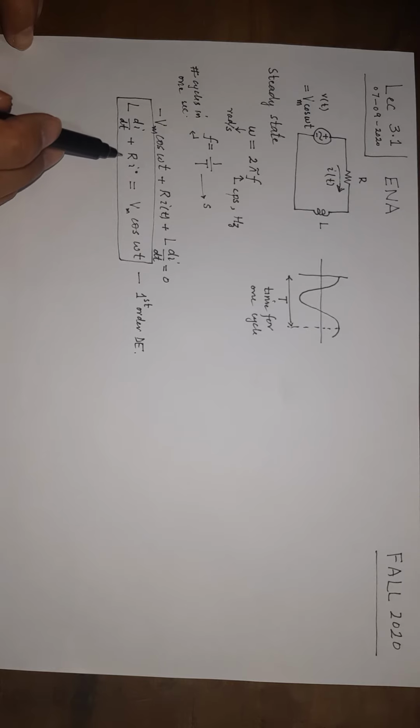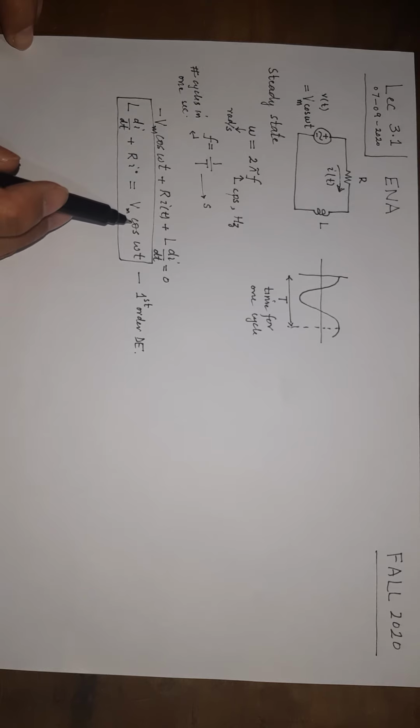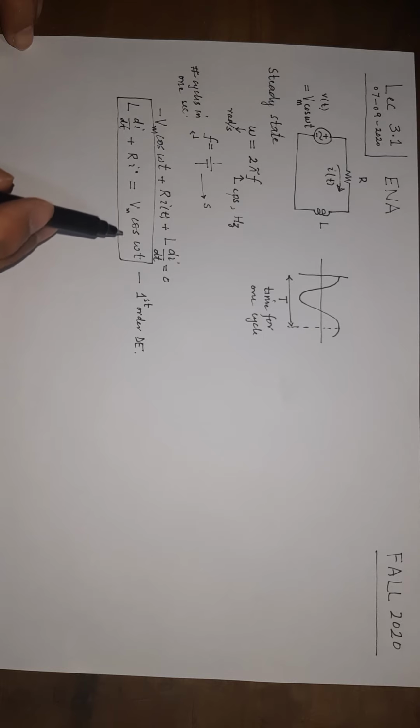Because this term will be a sinusoid, because it's a derivative of a sinusoid. So the sum of two sinusoids becomes a sinusoid. Try to remember all those formulas of trigonometry where cos of A plus cos of B used to be written as cos of A plus B, etc.